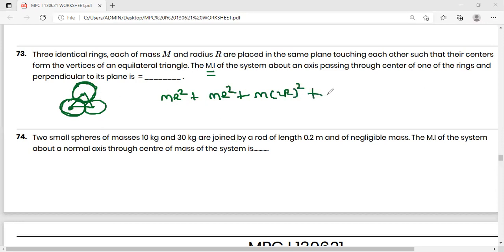For the third one also the same thing, mr square plus m into (2r) whole square. Finally, the moment of inertia is mr square plus 4mr square plus mr square plus 4mr square. Total it will be 11 mr square, and 11 mr square is the correct answer for the given question.